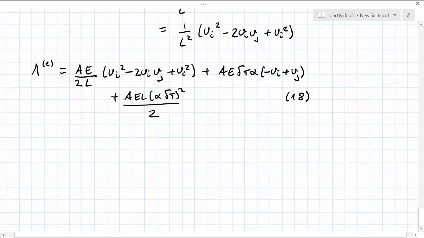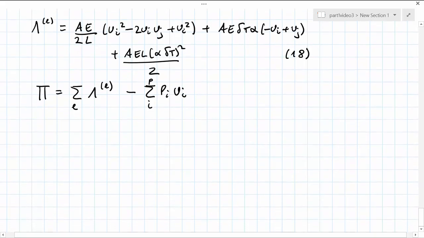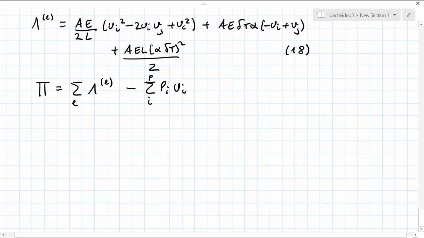Remembering that the total potential energy, pi, is given by the summation over all the elements for our elastic strain energy, lambda e, from which we subtract all of the work terms, then we argued that the displacement Ui is found by evaluating the equilibrium. The equilibrium, as you remember, is simply the first derivative of the total potential energy expression.